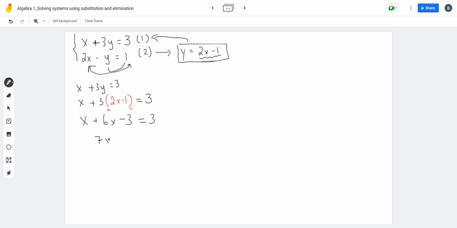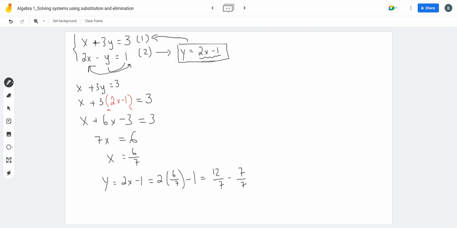So here we have 7x equals, we add 3 to both sides, so that you would have what? Equal to 6. So x equal to 6 over 7. When you have x equal to 6 over 7, then you just have to use this to find y, right? So here y equals 2x minus 1, equal to 2 times 6 over 7 minus 1. So this one would be 12 over 7 minus 7 over 7, because 7 over 7 is 1.